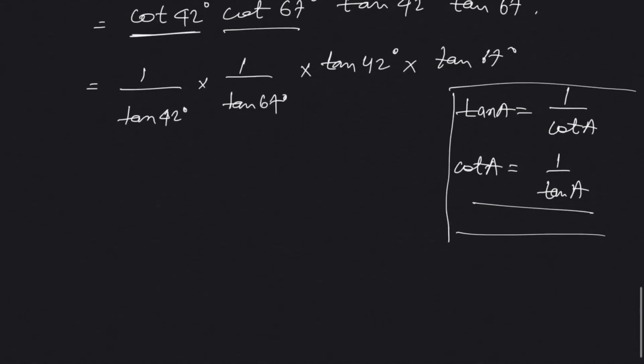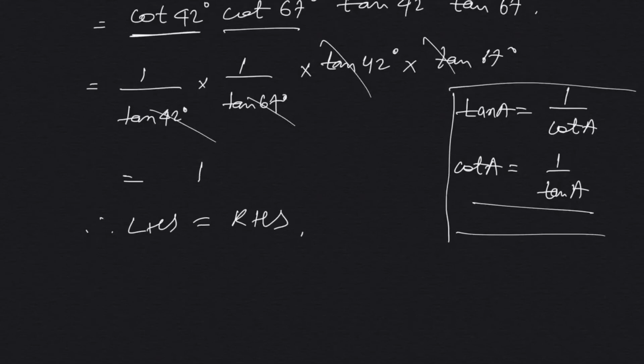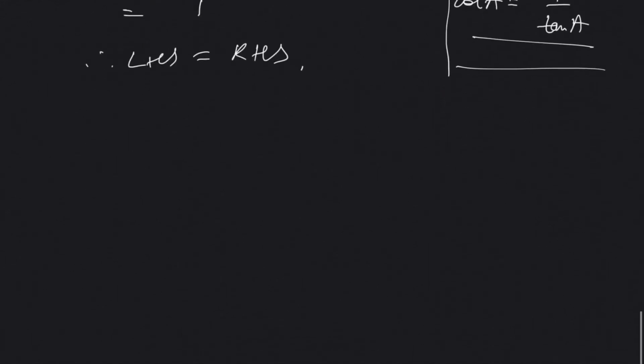So we can cancel these, and the left hand side is 1. The right hand side was simply 1, therefore left hand side equals right hand side. So that is question 1.